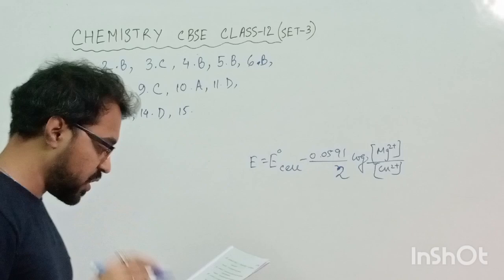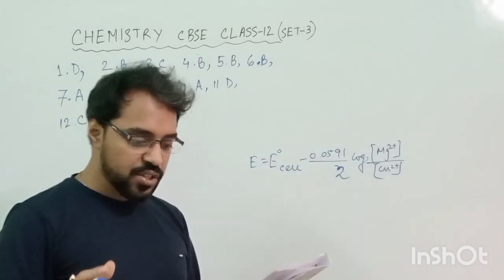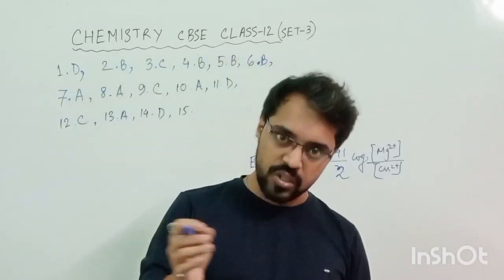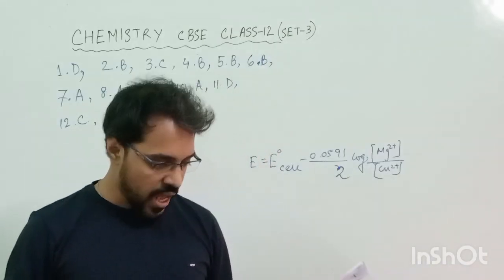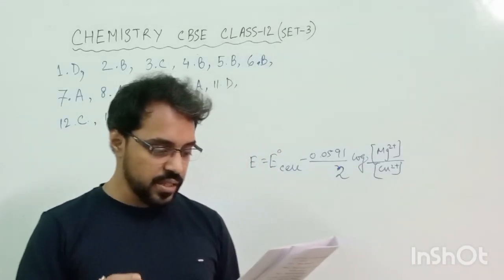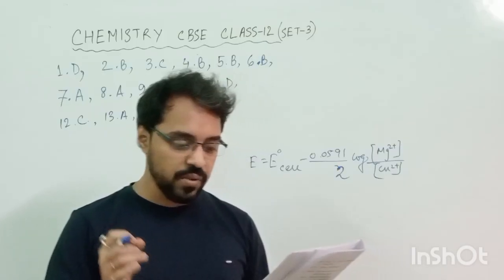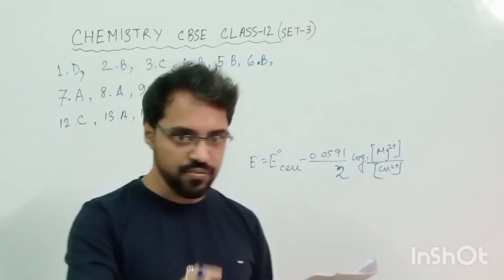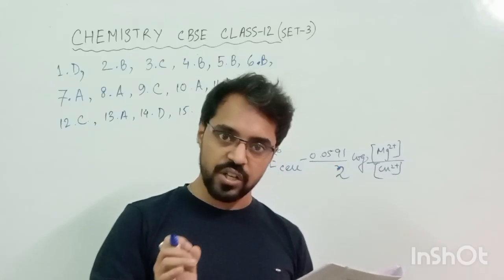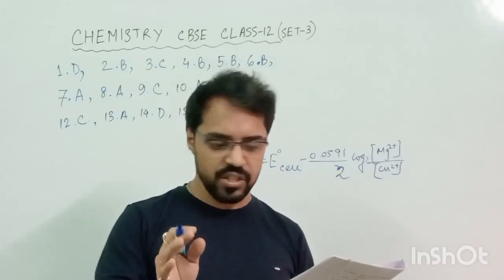Now it's come to 15. For complex reactions, order of the reaction is given by the slowest step, that is the assertion they are giving to us, and reason is order of the reaction is not applicable for complex reactions. Assertion is true here, reason is false here, because order of the reaction is still applicable for complex reactions, definitely.